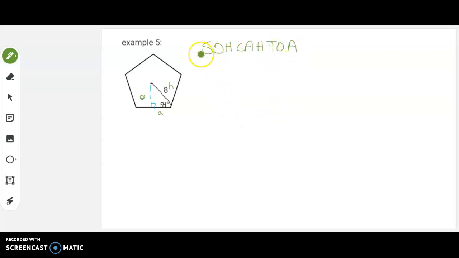Since I need opposite and hypotenuse, I'm going to set up a sine. So now I have sine of 54 degrees equals the opposite side, which is what I need, over 8. I'm going to multiply by 8 on both sides. That cancels out, so I need 8 sine of 54 for the opposite side.